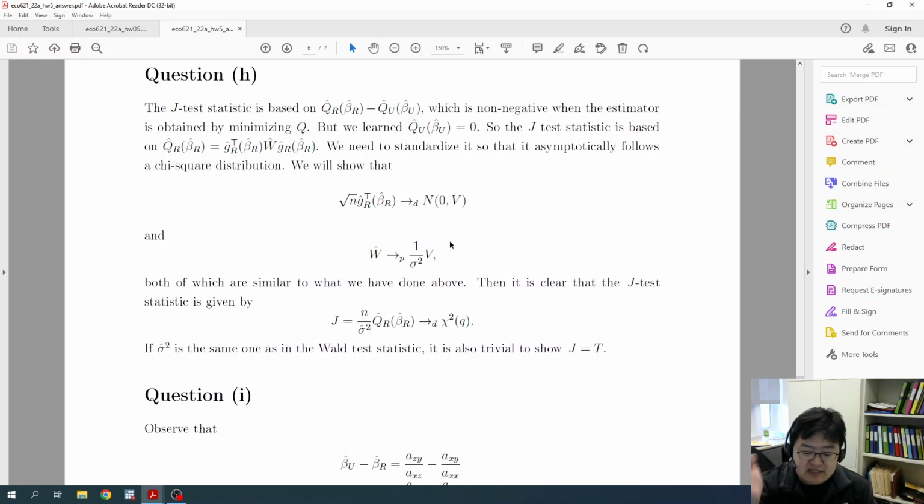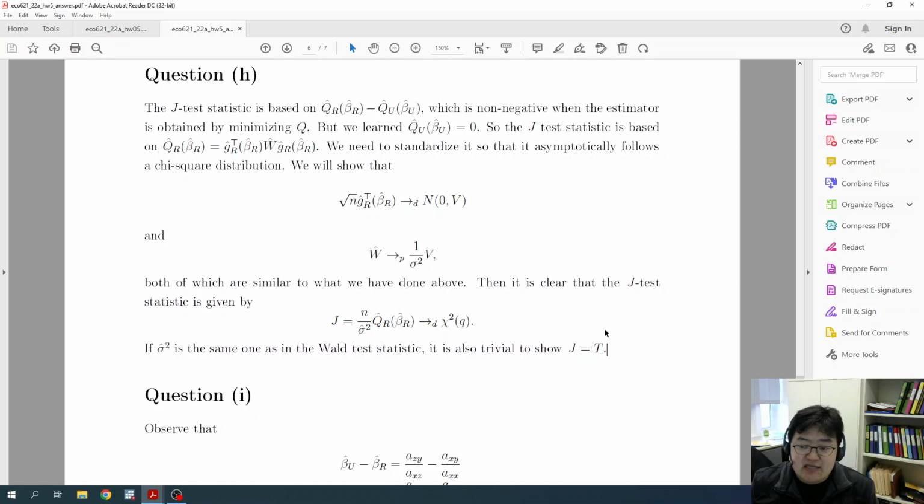Not just in the end, but in any finite sample. No matter what the sample size is, no matter what kind of random error happened, J equals T. But in theory, they may be different, and they are the same only in the limit. We only prove that in the lecture note.